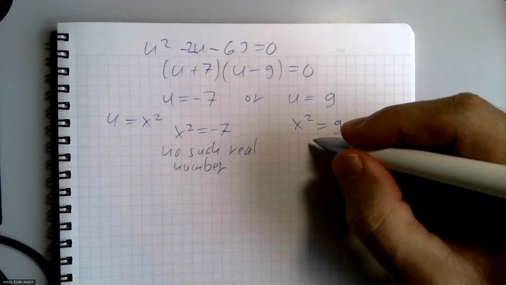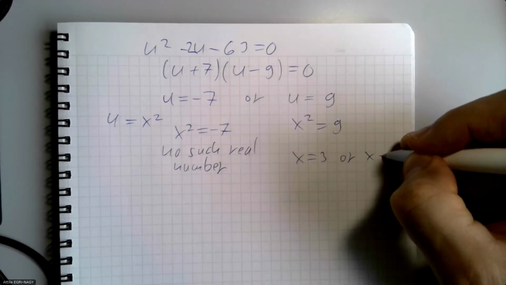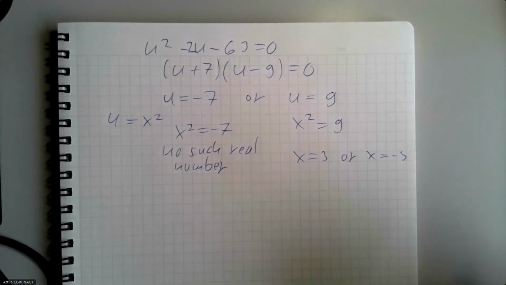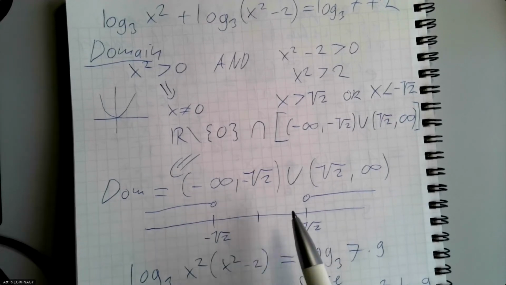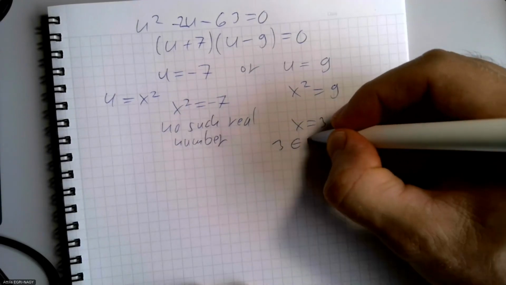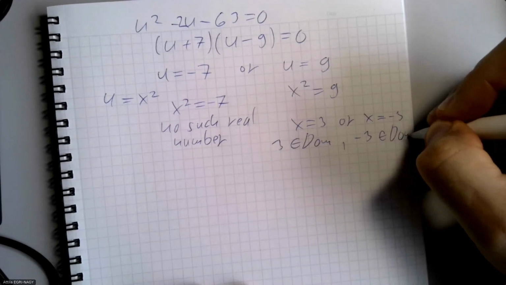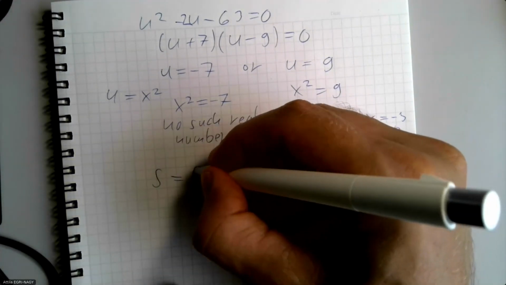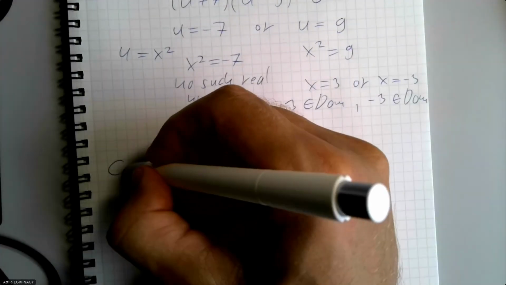That's nice, because x equals 3 or x equals negative 3. This is the x of the original equation, so this is the time we look at the domain again, and 3 is in the domain and negative 3 is in the domain as well. So the solution set will be negative 3 and 3, but it makes sense to check it.